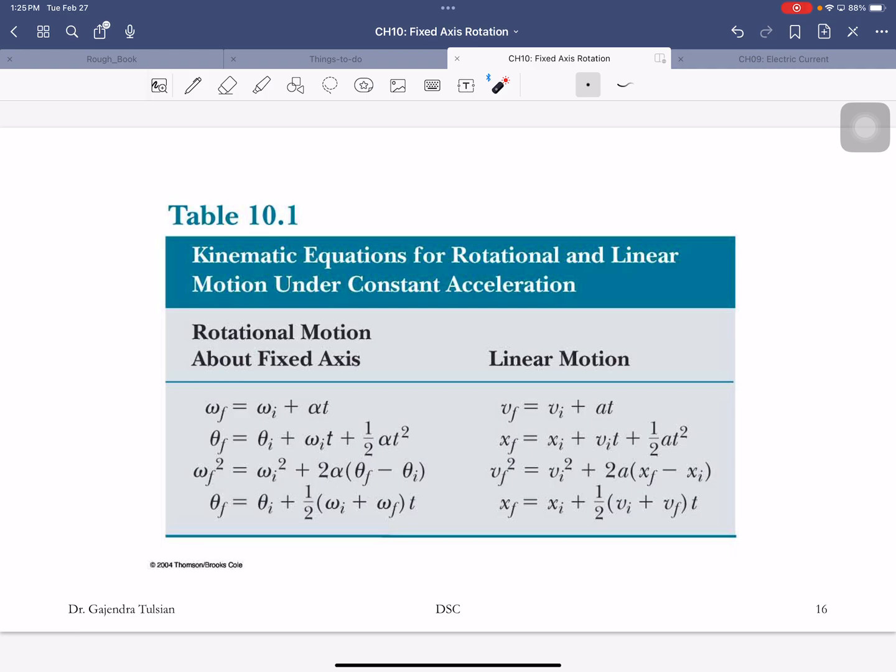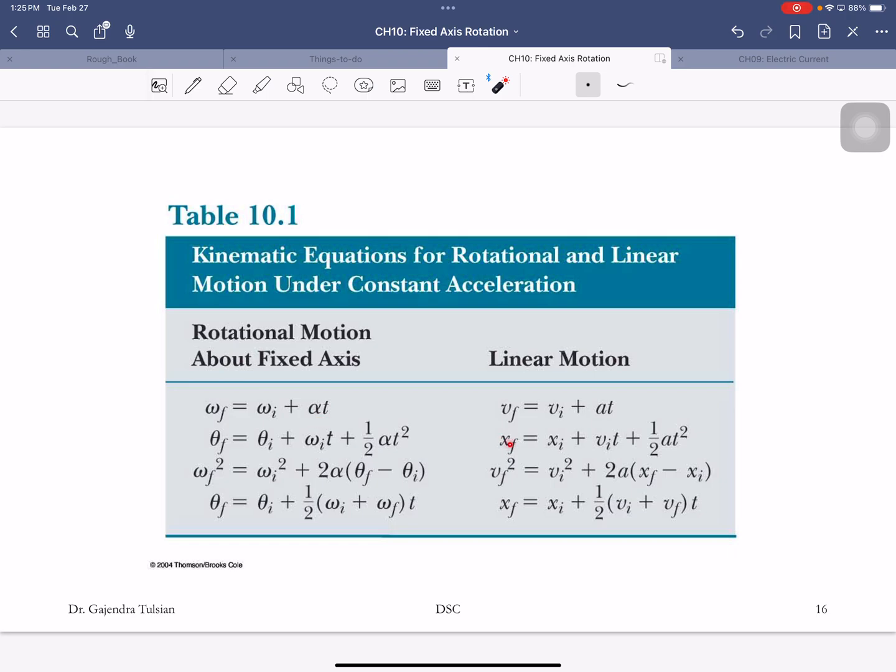So this was linear motion, motion in one dimension. This is rotational motion about fixed axes. We're considering constant acceleration. These were the formulas. This was final angular velocity as a function of time.